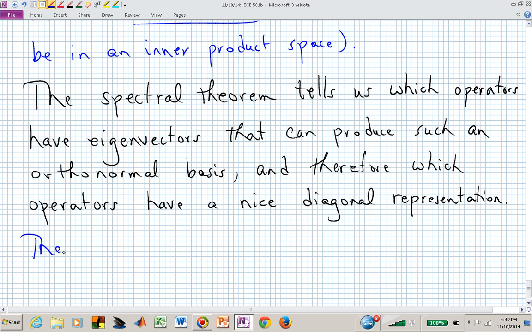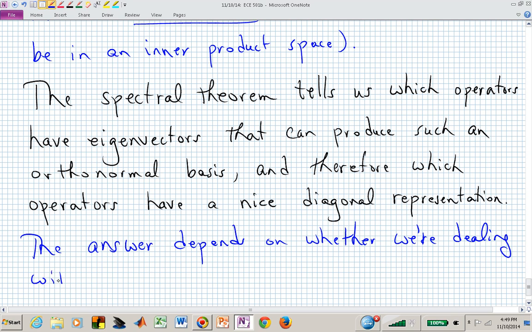The answer that we're working towards depends on whether we're dealing with a real or complex inner product space.